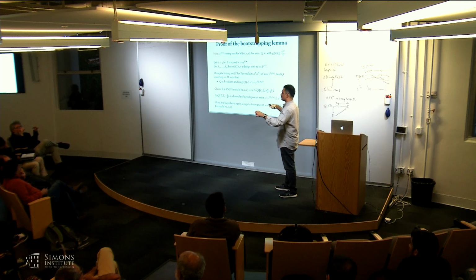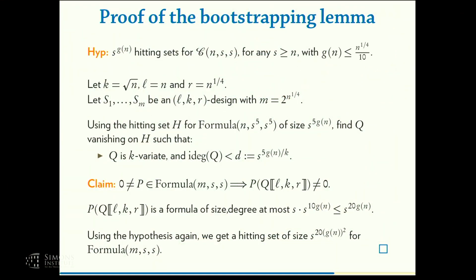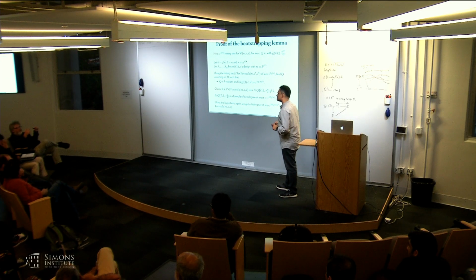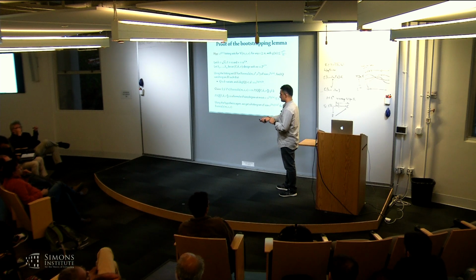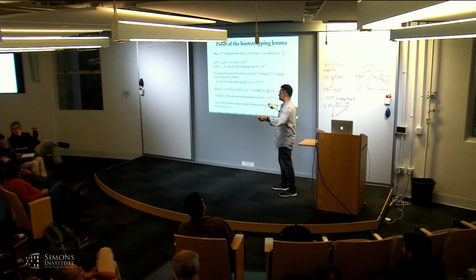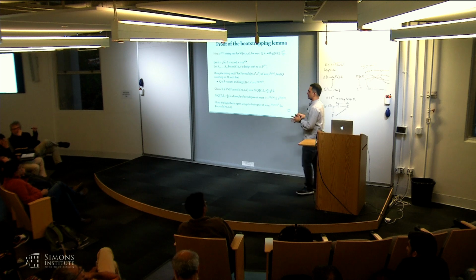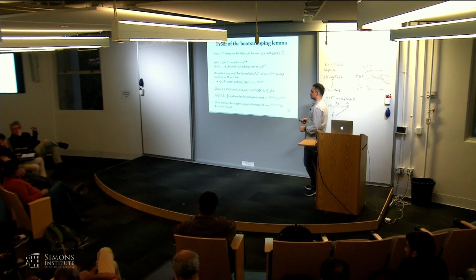I'll need a circuit for q so that I know what to plug in. So I guess what you need to do is evaluate q on the points of the hitting set? Yes. So whatever is the hitting set for the l variate case, I need to evaluate q on the corresponding points and feed that as my m-variate hitting set. So for that I need to know q explicitly.